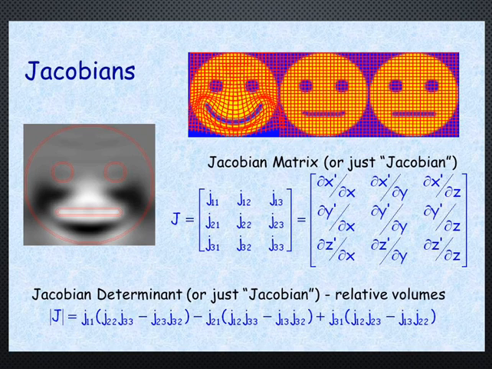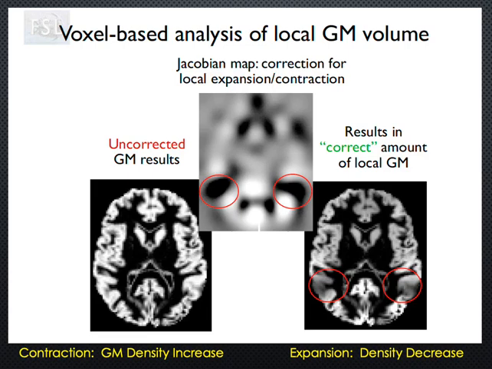For deformation-based morphometry, or for correcting this, what we care about is the Jacobian determinant, often just called the Jacobian for scaling. So using the Jacobian map, we can then use that to scale or correct the warped gray matter density image.